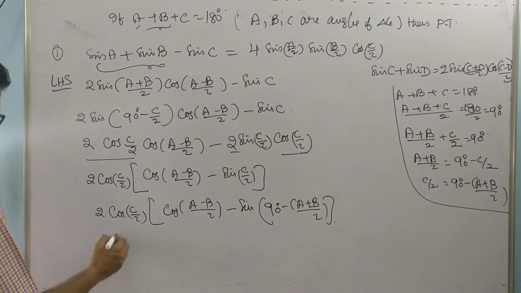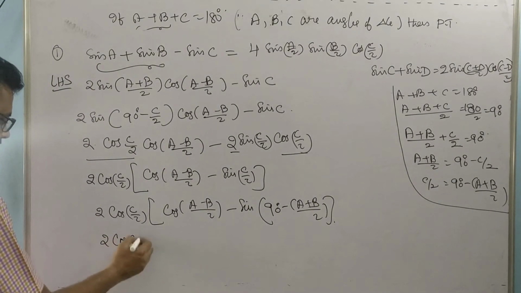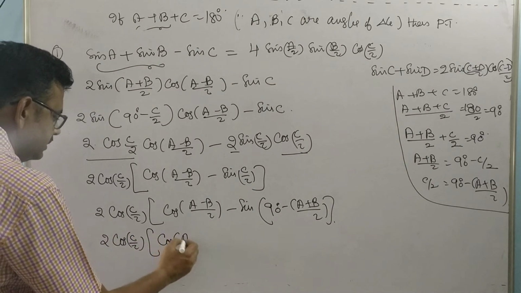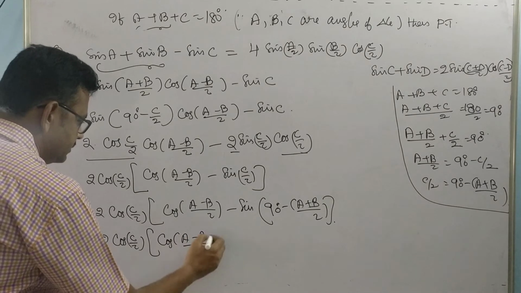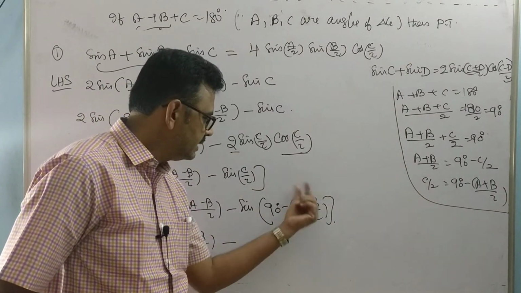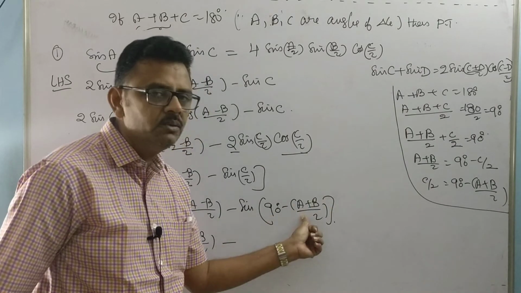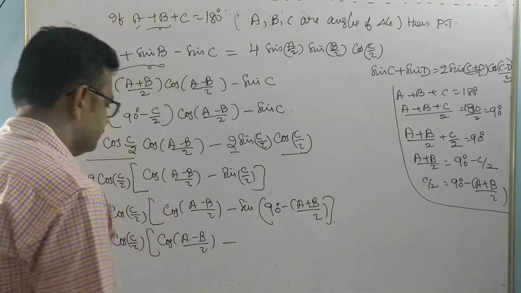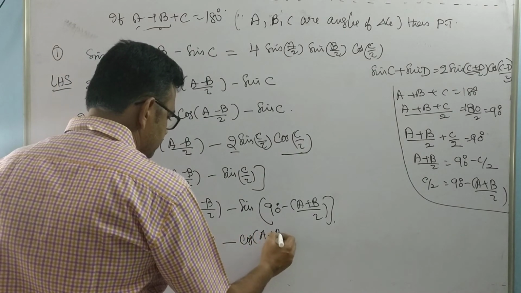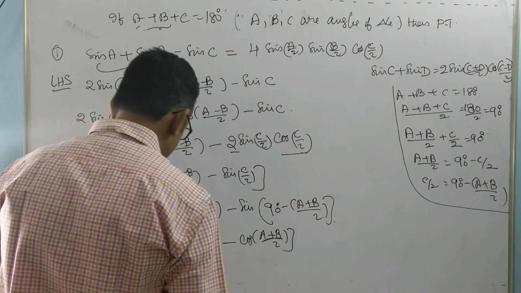So this is 2 into cos C by 2, into cos of (A minus B) by 2 minus sin of (90 minus theta). Treat this as theta: sin of (90 minus theta) equals cos theta. So this is cos of (A plus B) by 2.